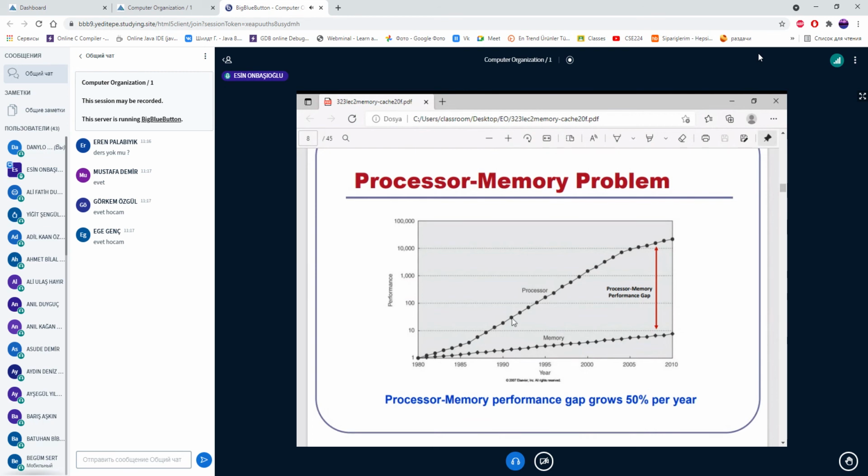And this line is the processor performance. As you see, the processor performance increases much faster than the memory performance. Therefore, there is a performance gap between them, and this gap grows 50% per year. As you see, this is a logarithmic axis.